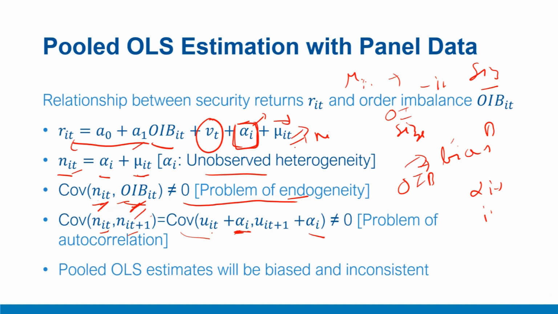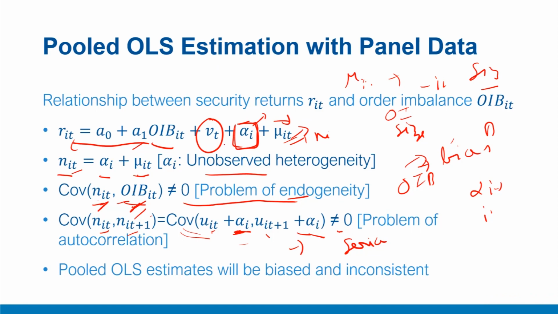I repeat, even if there is no serial correlation in the original error terms mu it, still this alpha I would create some common correlation, and therefore this covariance would be some finite quantity, and this also introduces the problem of serial correlation in error terms. And to summarize, overall the pooled OLS estimates of this panel data will be biased and inconsistent.